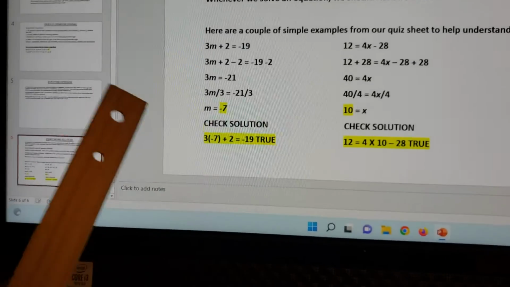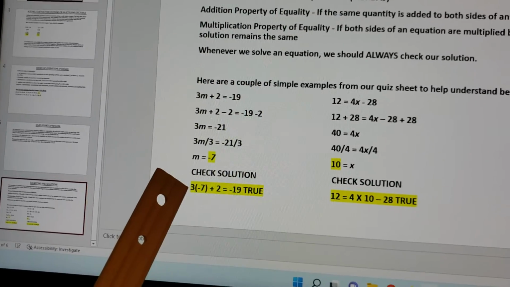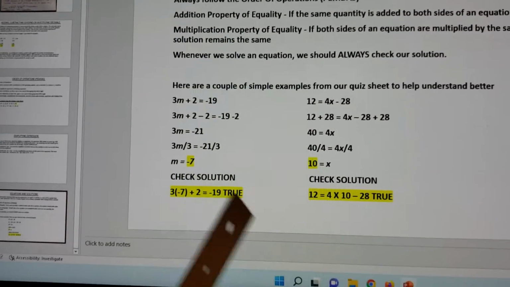And right here you can see where I checked my solution, and that solution is true.